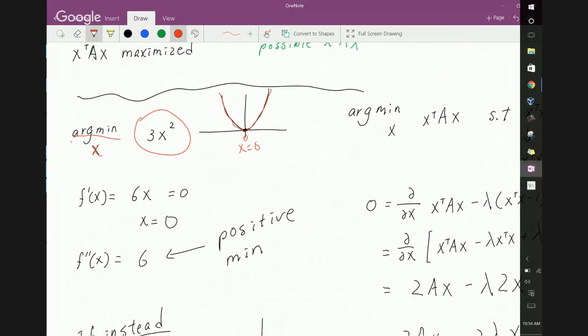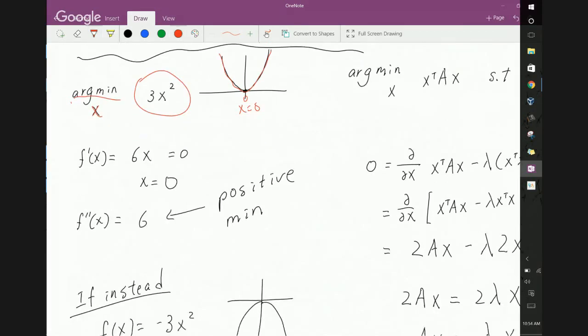And to find this, you learn from calculus that what we want to do is take the first derivative, so it goes from that to this, and set it to 0. Once we set it to 0, we solve for x, and from this, it obviously comes out to be 0.